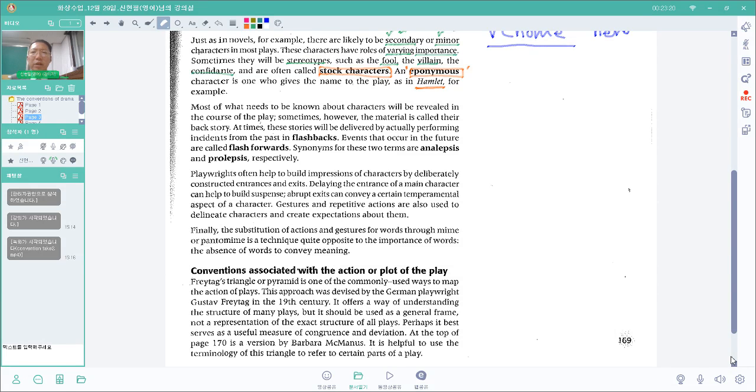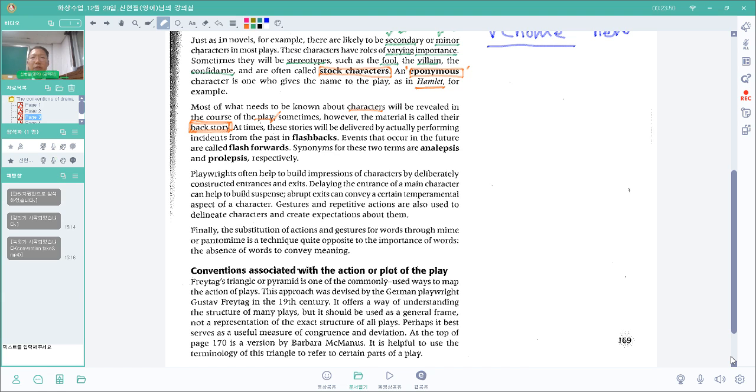Most of what needs to be known about a character will be revealed in the course of the play. Usually the information about the characters is explained in the play. Sometimes, however, the material is called their backstory. This information regarding the life of the character is called a backstory. Usually this backstory is explained in the middle of the play.